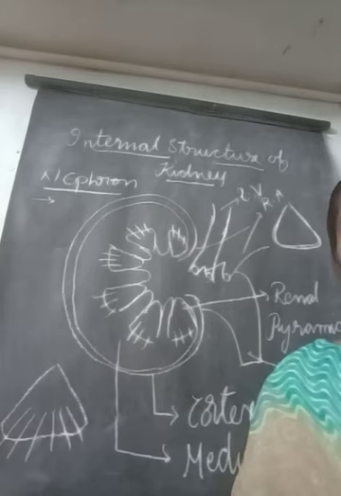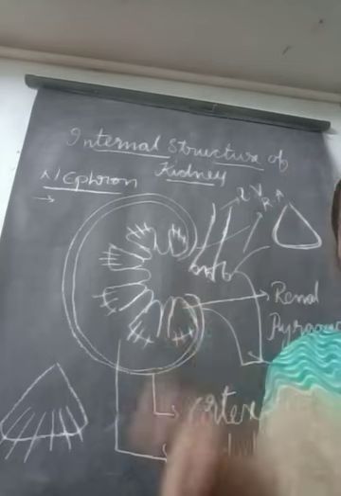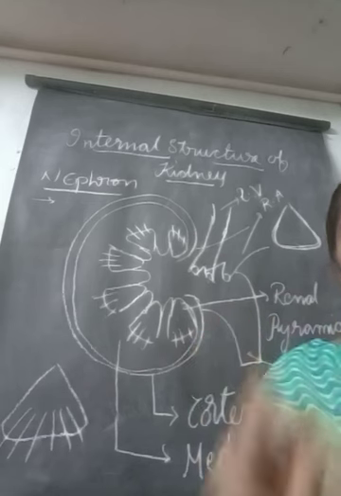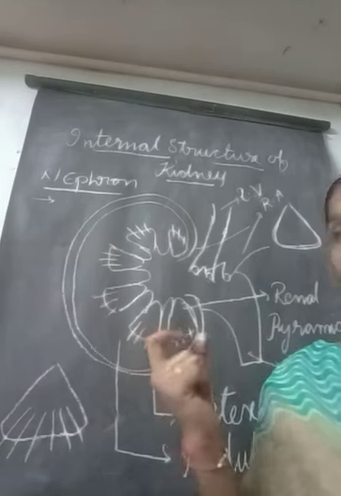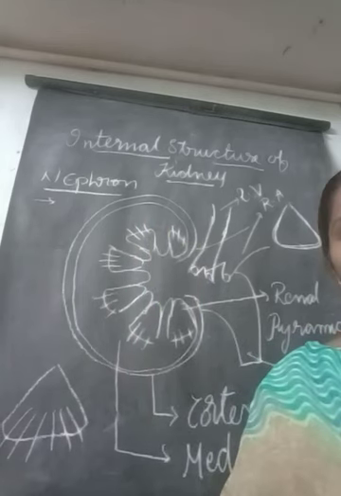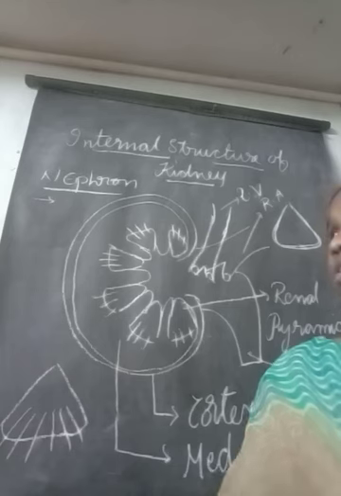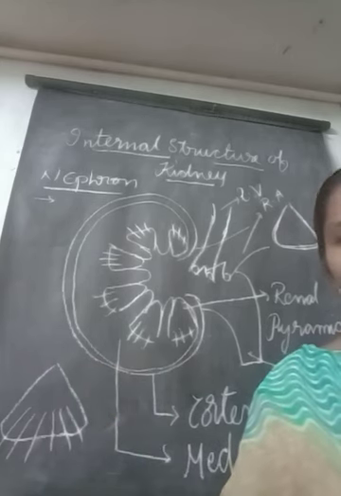Structural means the very smallest thing which gives a basic structure to our kidney. Functional means the basic function is done by the nephron. That is why we call nephron the structural and functional unit of kidney.